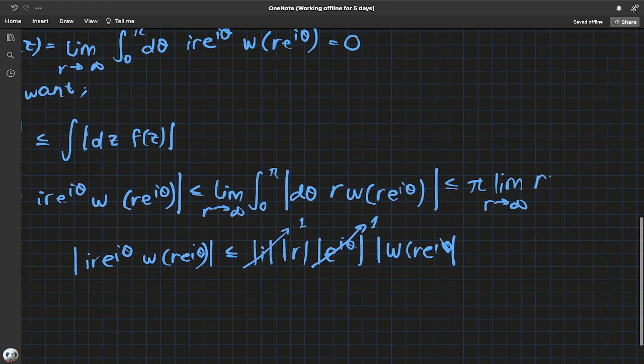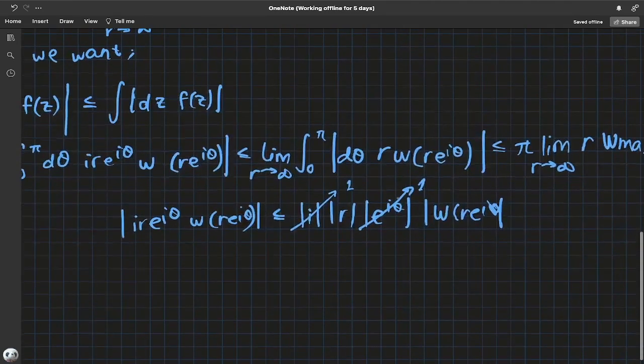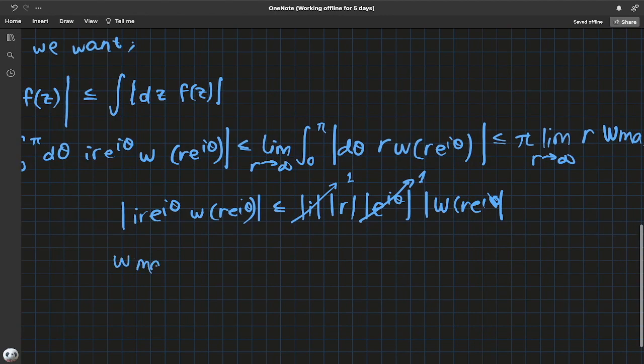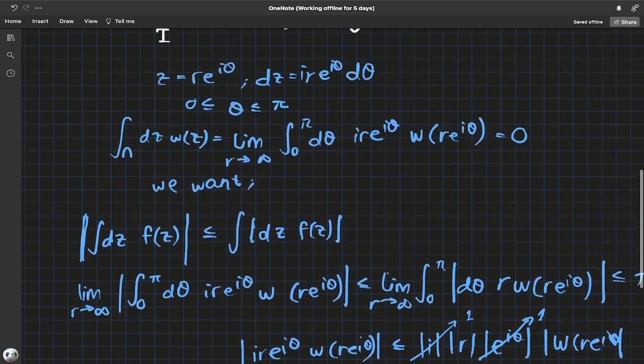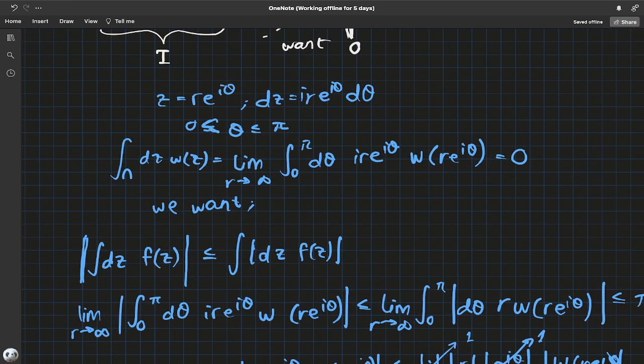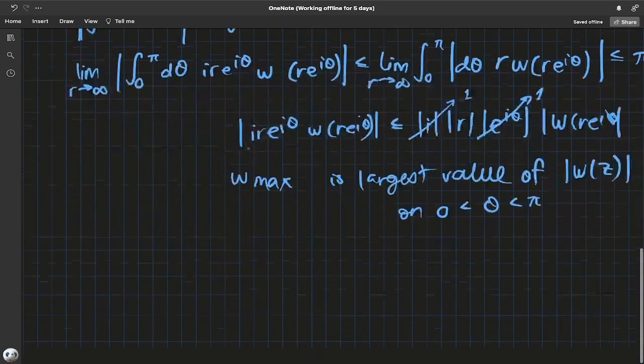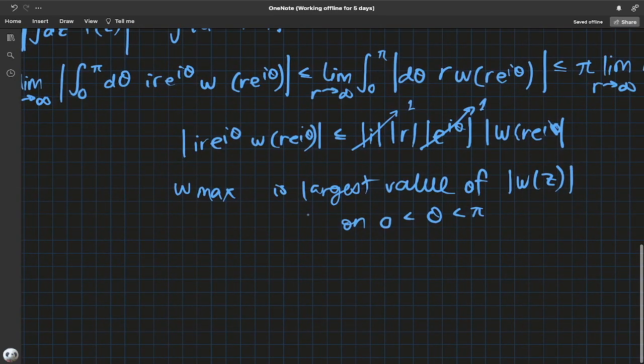So r times the w max I talked about, the maximum value that the w function will take on 0 to pi. Let me just write w max is the largest value of the magnitude of w of z on the interval 0 to pi. I should not include the endpoints, it's an exclusive inequality.